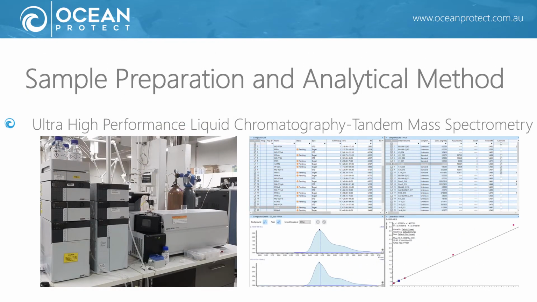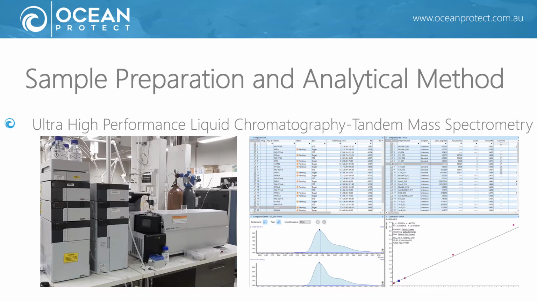Ultra-high performance liquid chromatography with tandem mass spectrometry is a highly sensitive and selective analytical method. 2 precursor product ion pairs are monitored for each PFAS analyte to ensure correct identification. Isotope-labeled internal standards correct for analyte loss during the sample preparation.